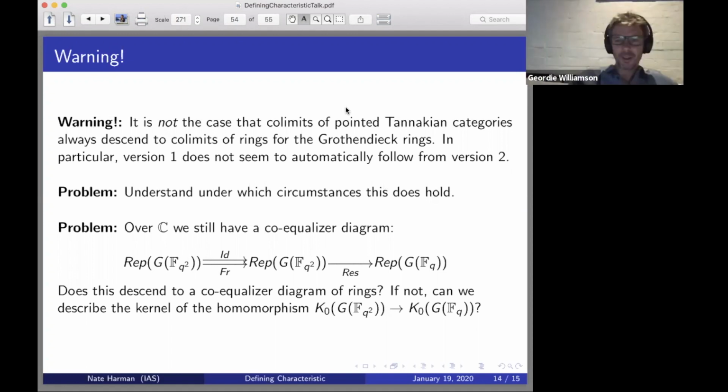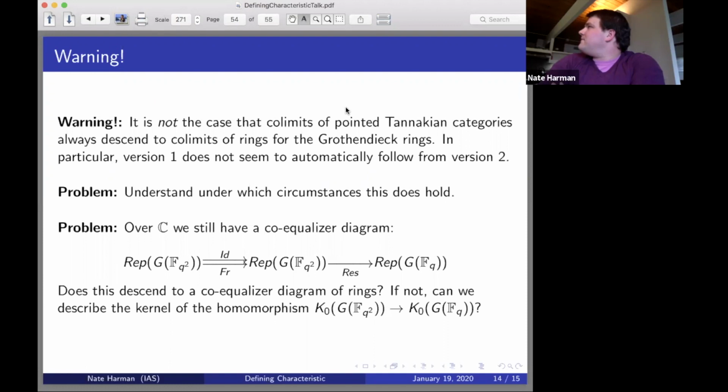It seems kind of remarkable that you have this family of rings. Can you make a family with a parameter t such that at t equals 1 it co-equalizes the G of Fq points, and at t equals 0 it's the representations of the Frobenius kernel?